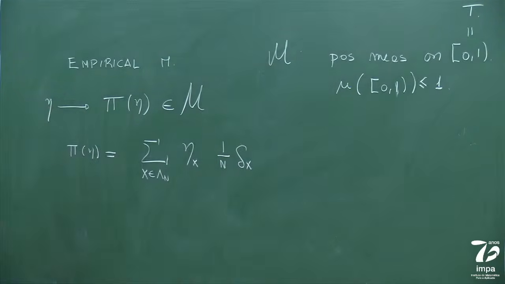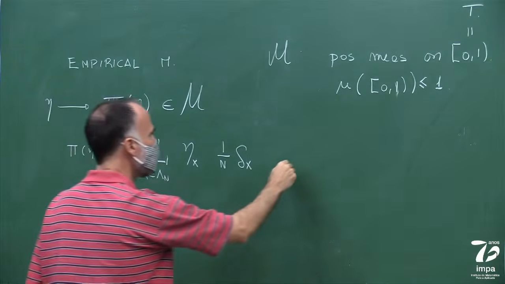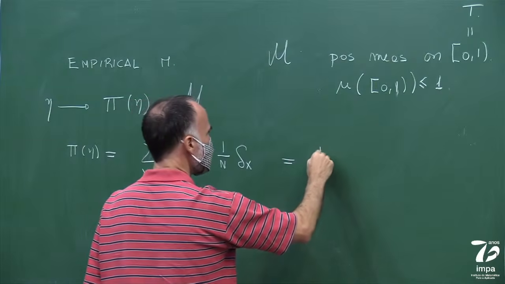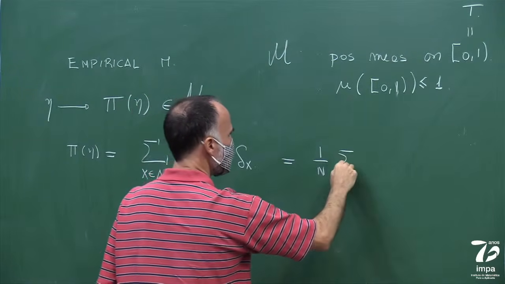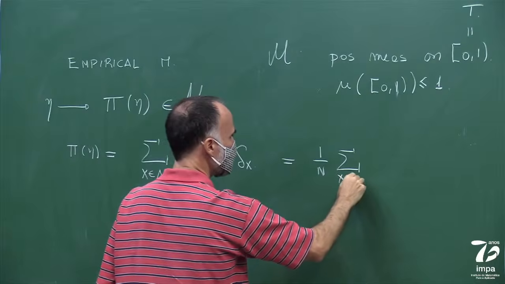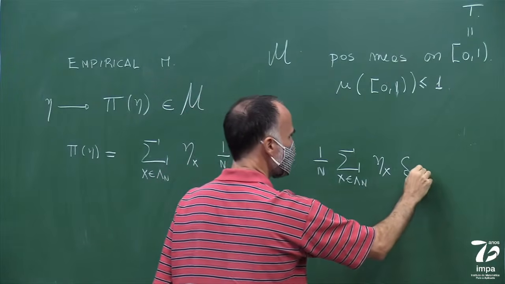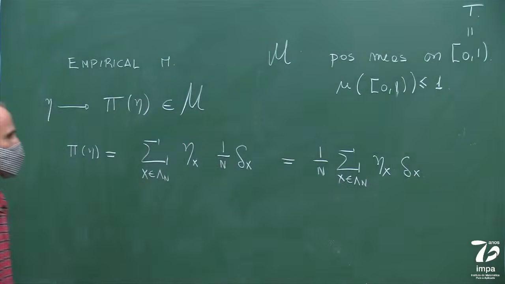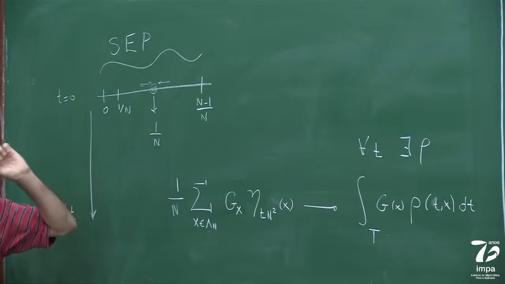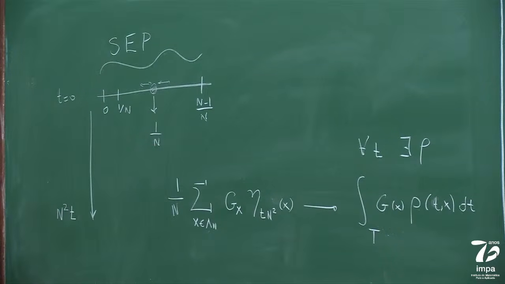So if you give me a configuration, I will think that at each site which is occupied by a particle, I put a mass of weight 1 over n. So pi of eta will be, well, I'll sum over all points in Lambda n. I'll check if there is a particle at x, and if there is a particle at x, I will put a mass 1 over n at that site. So delta x is the Dirac measure at x, and I'm normalizing, so I will write this as 1 over n, the sum in x of eta x delta x. So if there is a particle at x, I just place a mass of weight 1 over n at this site.